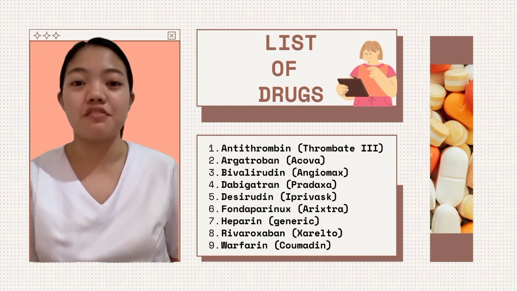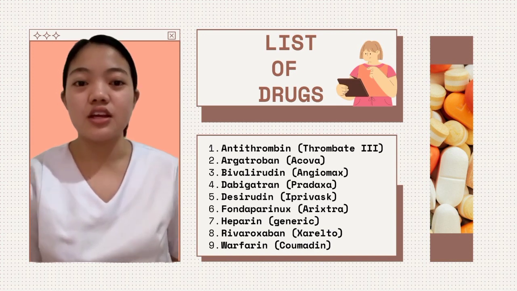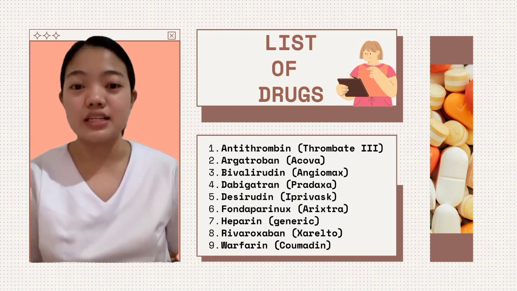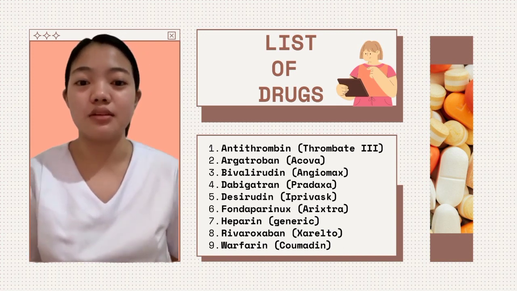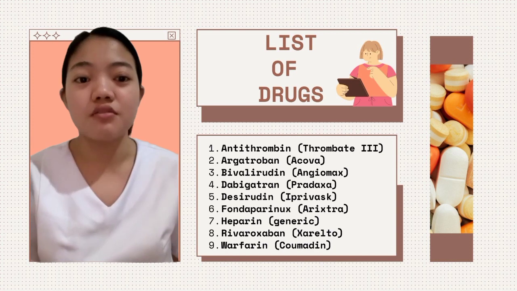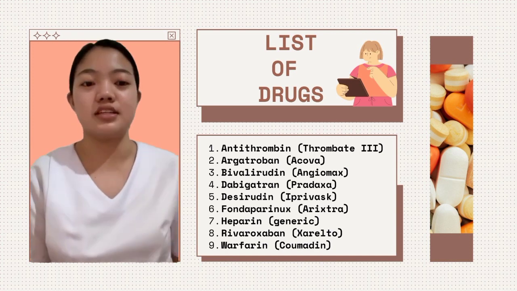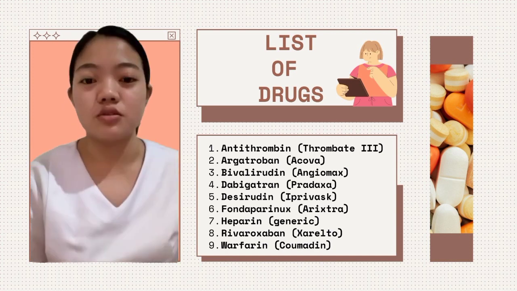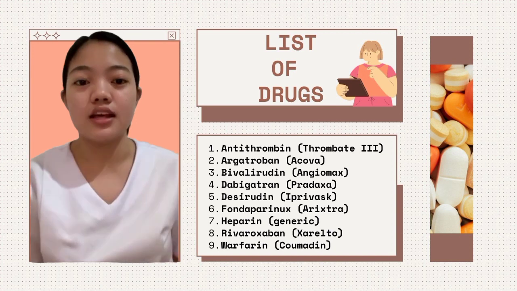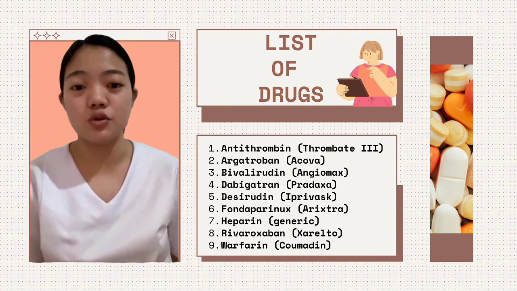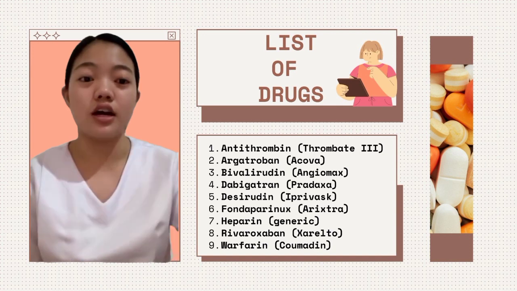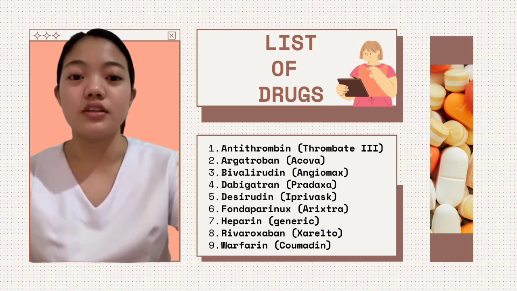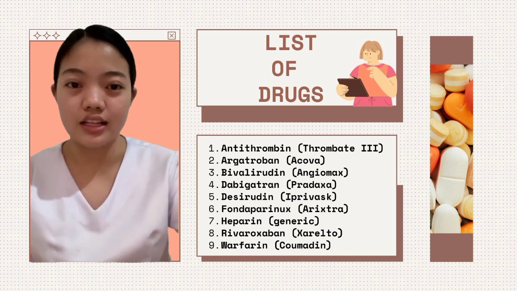We also have bivalirudin, which is used together with aspirin to decrease the clotting ability of the blood and to help prevent harmful clots from forming in the blood vessels. Also, dabigatran, which decreases the risk of stroke and blood clots in patients with a serious heart rhythm problem called non-valvular atrial fibrillation.